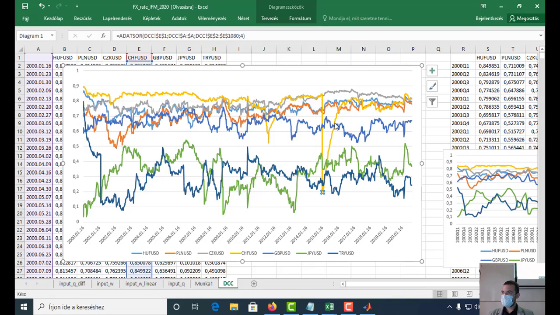It was a really strict appreciation, so it created a sudden shock. The model was not able to manage it, and after that we can see that once the shock disappeared, the correlation is back again, and it's really strong, more than or around 0.8. And also if you are looking at, what is the Hungarian forint?